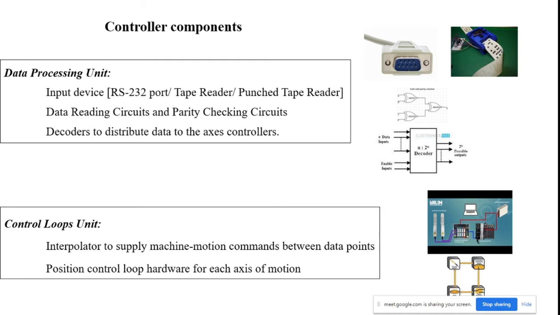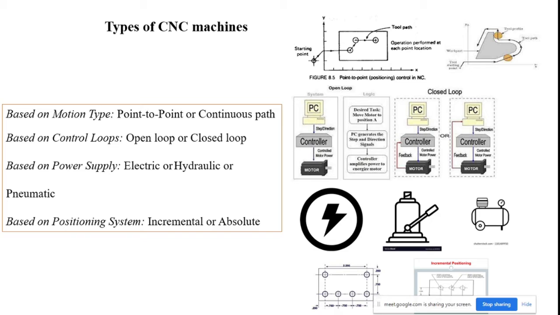How can the machine move in the x axis and y axis? Likewise, the control components read the information available in the machine control unit. Now you are aware of what is meant by machine control unit, basic length unit, and controller components that are available with the CNC machine.